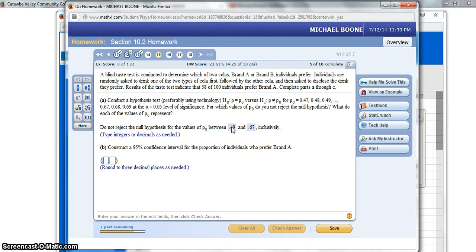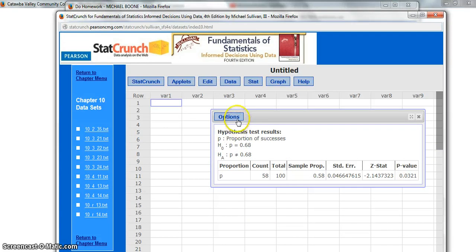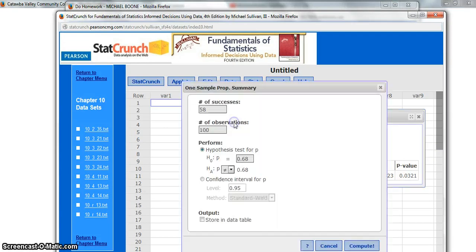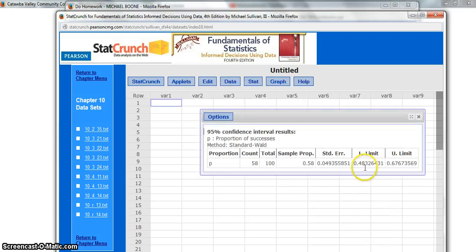So a 95% confidence interval for those that pick A. Again, we have all our information in here. So if I'm doing a confidence interval, I just click on confidence interval and it was 95%. So I get these values that I'm in between 48% and 68%.